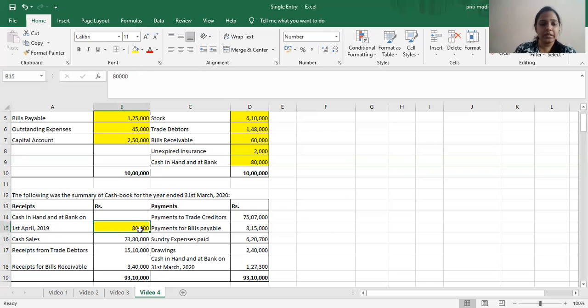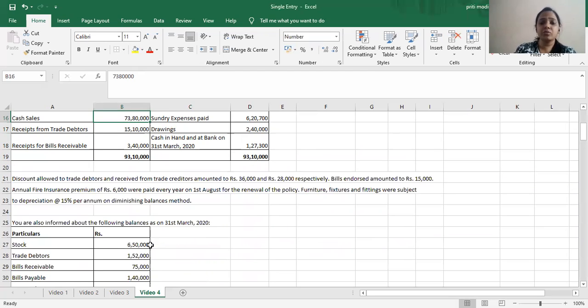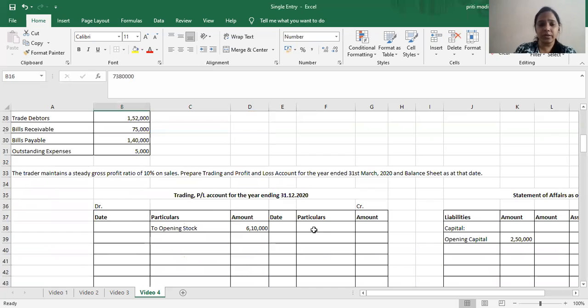Double entry. Cash sales, we need to place it in our trading account. So we will write over here by sales, cash plus credit. Correct.